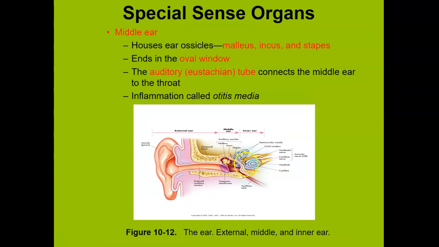So this is what we were just talking about. Here's the external auditory canal, external auditory meatus, the tympanic membrane right here, which is connected to the malleus, the incus, and the stapes. These are the auditory ossicles, or the bones. Now, as sound waves travel in, sound waves are packets of air that bombard the tympanic membrane, like I said.